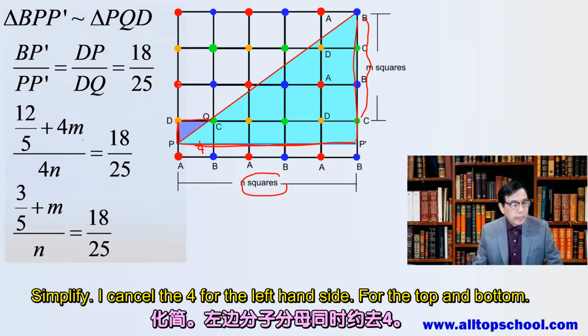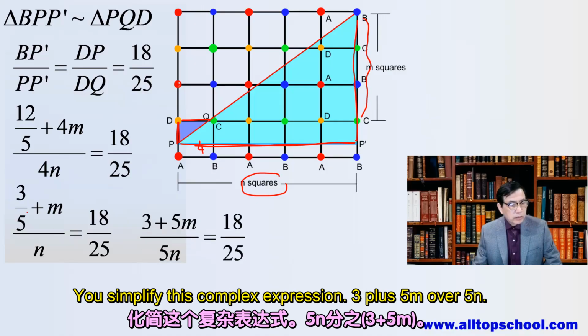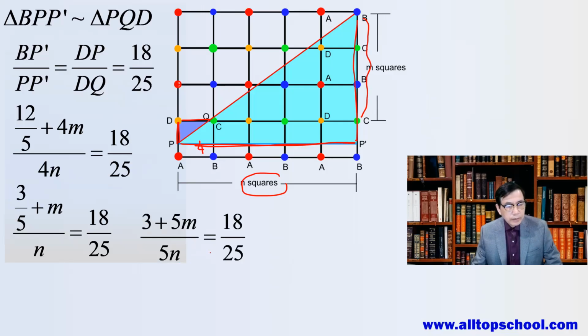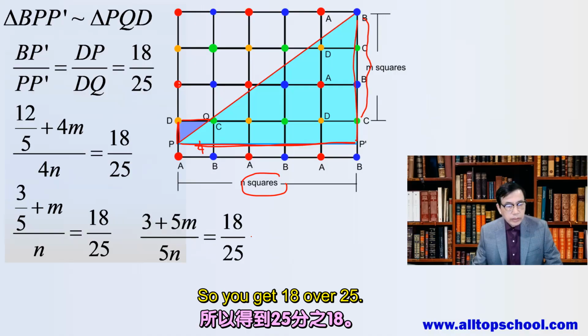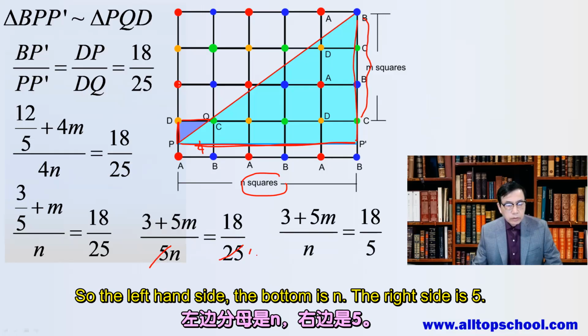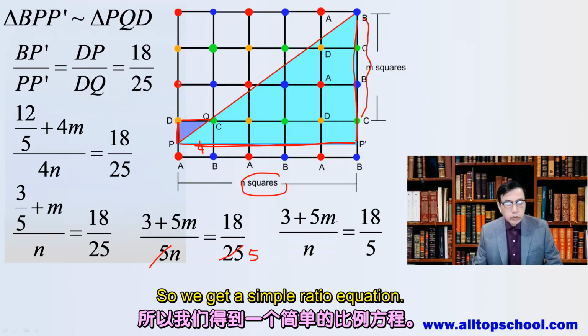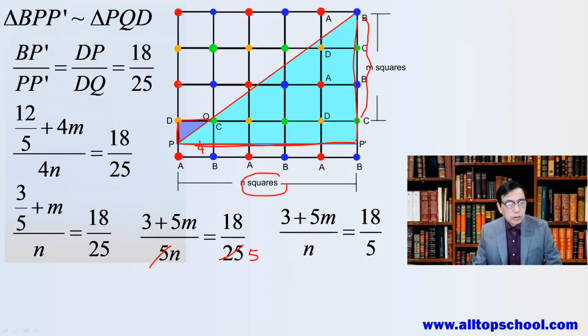Simplify: cancel the 4 on top and bottom, then multiply by 5 on top and bottom. You simplify this complex expression to (3 plus 5m) over 5n, which equals 18/25. Cancel the 5 and the 25, so the bottom on the left-hand side is n and the right side is 5. We get a simple ratio equation.